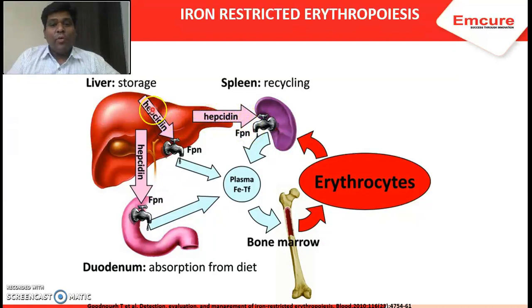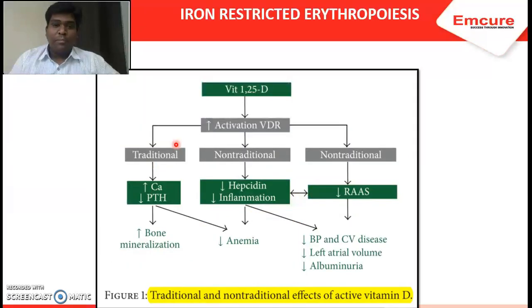So what you have to do is reduce the hepcidin expression, or increase the ferroportin receptors. The number of ferroportin receptors should either increase or you have to overcome this blockade. So vitamin D3 regulates the hepcidin-ferroportin axis and makes sure that this block of ferroportin is overcome.